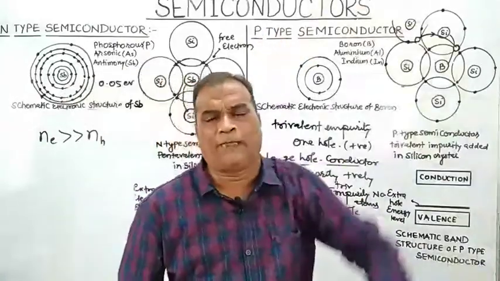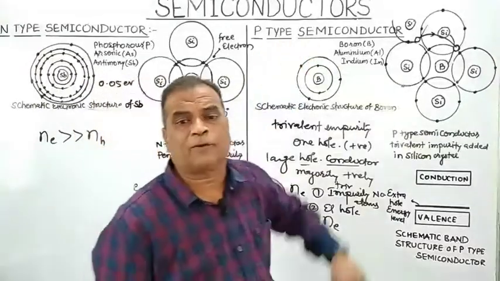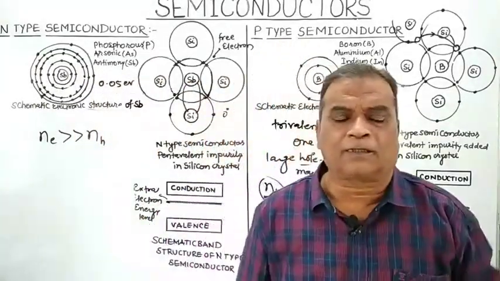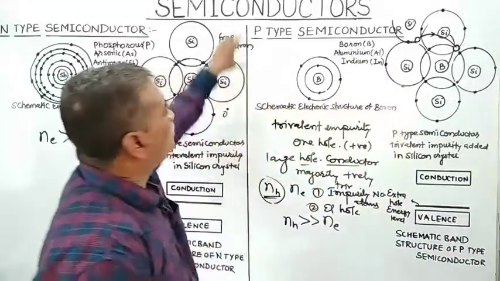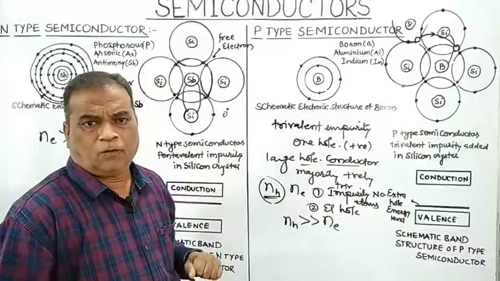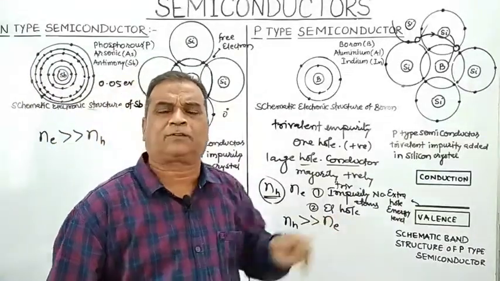Such an extrinsic semiconductor is called what? P-type semiconductor. So about the p-type semiconductor, what point do you have to remember? Holes are the majority charge carriers while electrons are what?